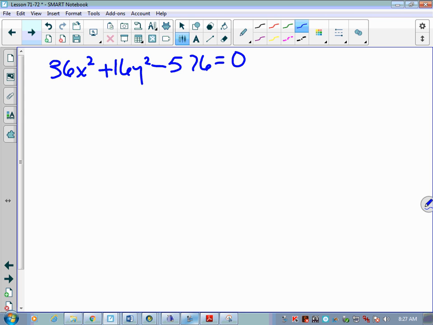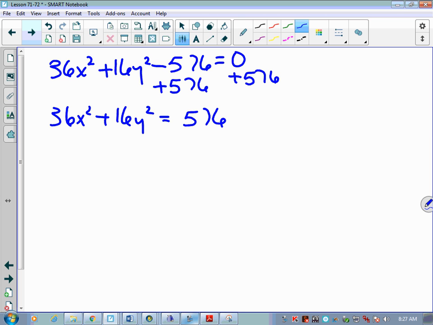That's the standard form of the ellipse. So the first thing I need to do is get 1 on the other side, so I start by adding 576 to the other side, getting 36x squared plus 16y squared equals 576.